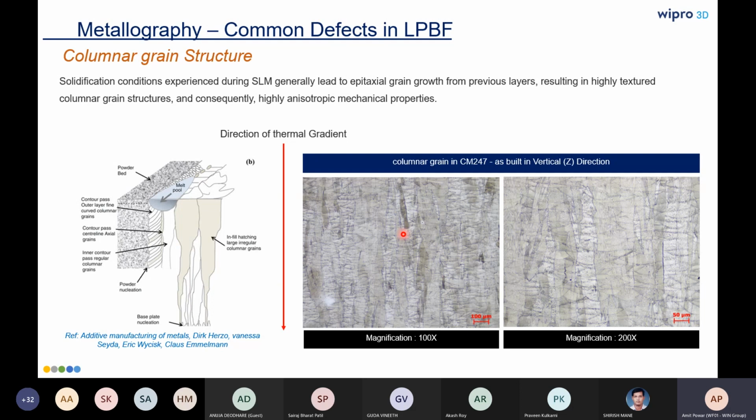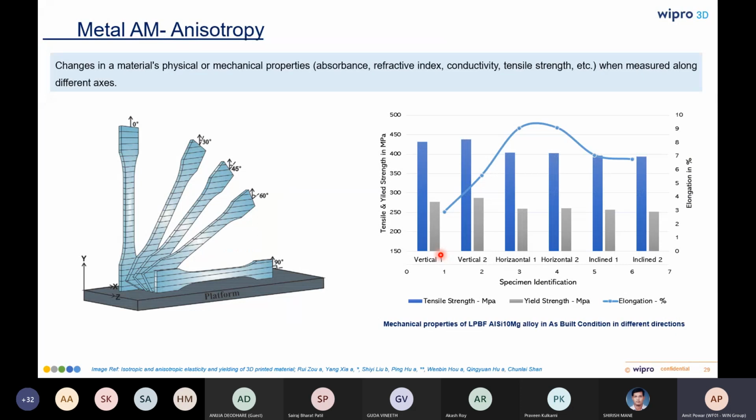This is what we call columnar grain structures. When you test in the direction of the columnar grains, you will get good properties. If you take out the coupon in the horizontal direction, perpendicular to these columnar grains, you can see lower properties, and that's why there is an anisotropy in the mechanical properties.